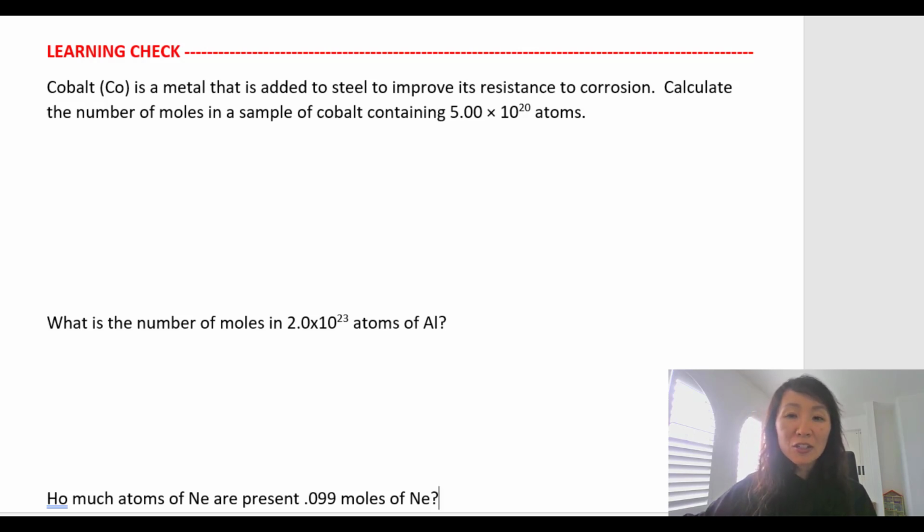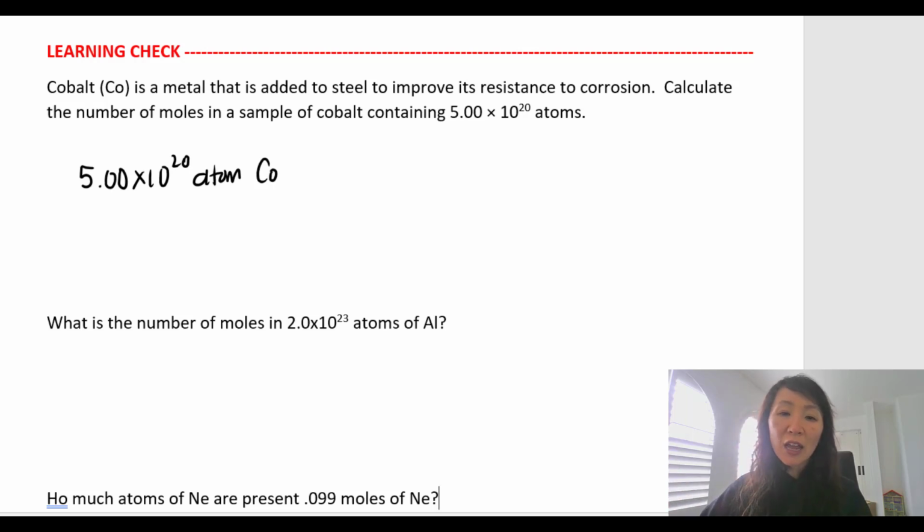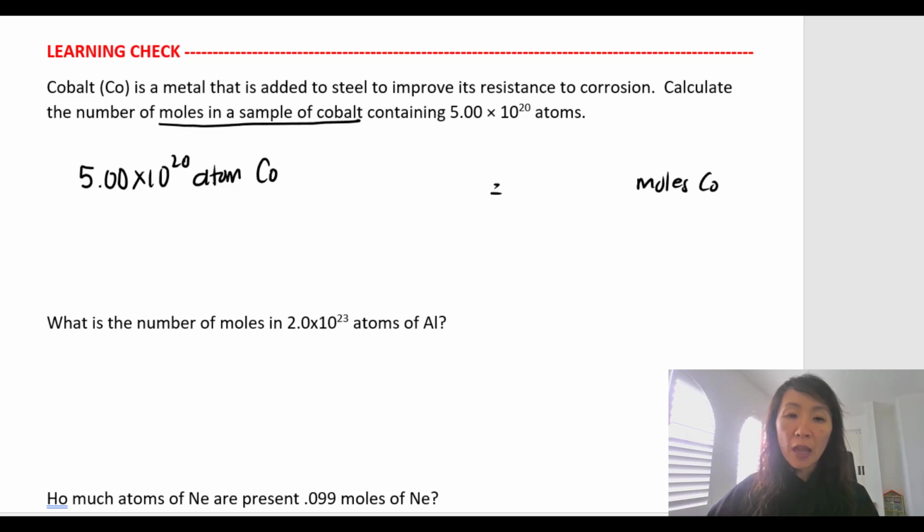So what it's essentially asking is, you start off with 5.00 times 10 to the 20 atoms of cobalt, and you want to do some calculation so that in the end you're left with moles of cobalt. That's what we're looking for, moles in a sample of cobalt. So there has to be some calculation that allows you to cancel out atoms, but then moles remain.